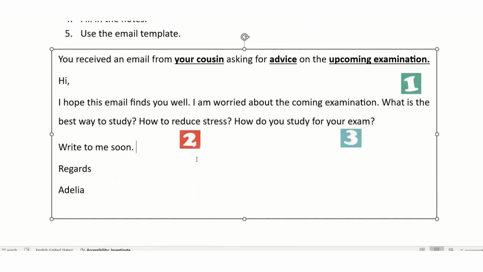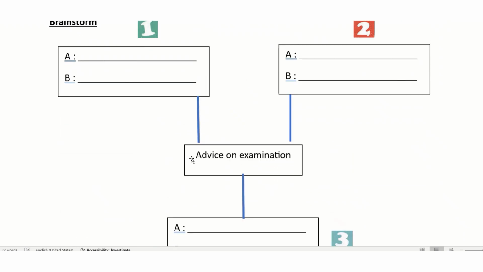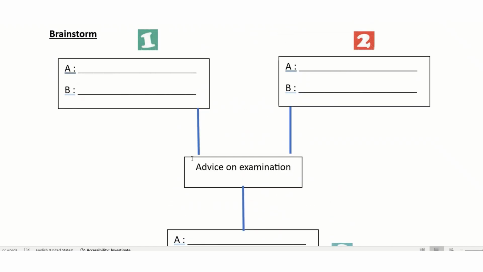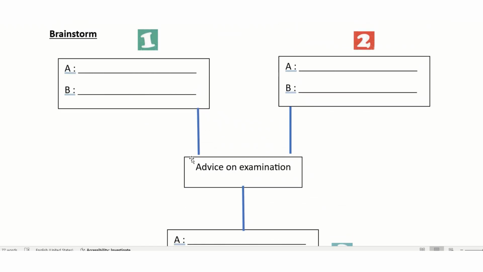And the next part is the brainstorm. In this part, I really like to use a diagram to make it easy for the students to focus on what they need to do, which is just to write the main idea and not the whole sentences itself.